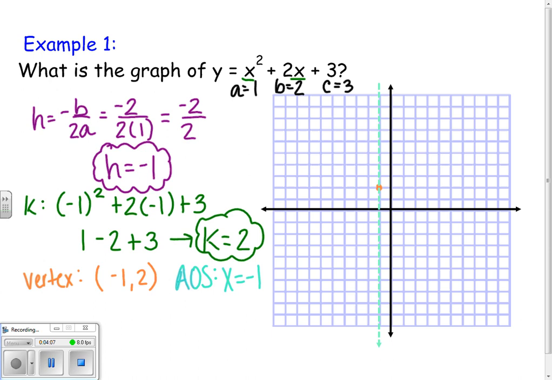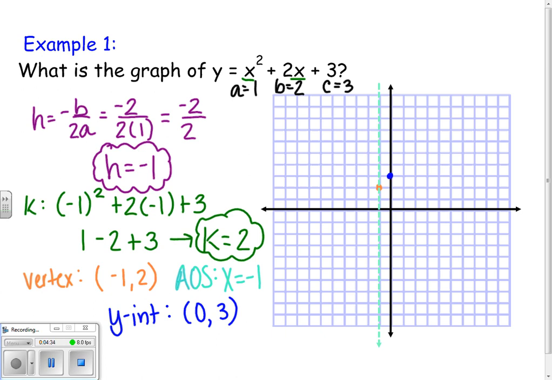So at this step in the last lesson, we picked an x value close to our vertex. We would have picked like 0 or negative 2. But in standard form, we have something new. And that new piece of information is called the y-intercept. Your y-intercept is always 0, c. In this case, 3. That should be a point on the y-axis. 0, 3 occurs right there on the y-axis.